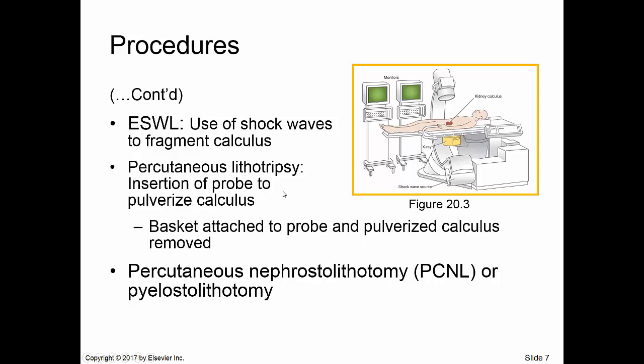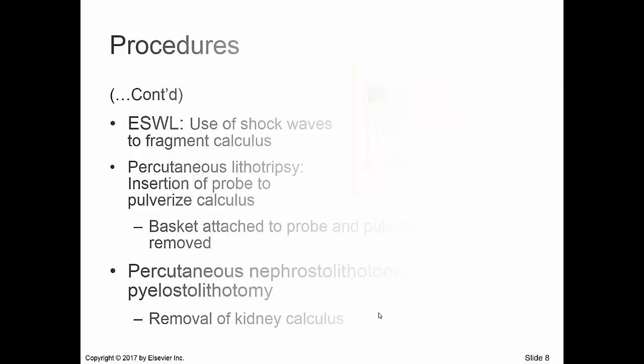We also have percutaneous lithoscopy, insertion of the probe to pulverize the calculus. At the end of the probe, you have a basket, and then you're going to go in and remove all of those pulverized pieces of the stone. You also have PCNL. It's a percutaneous approach for the same procedure, removing that kidney calculus.